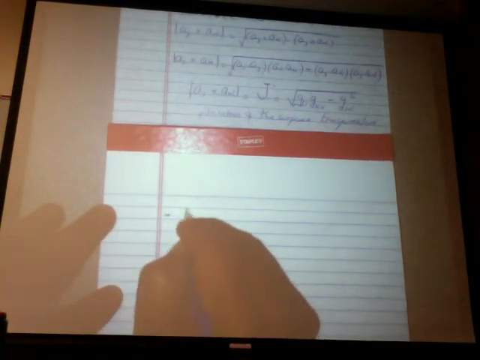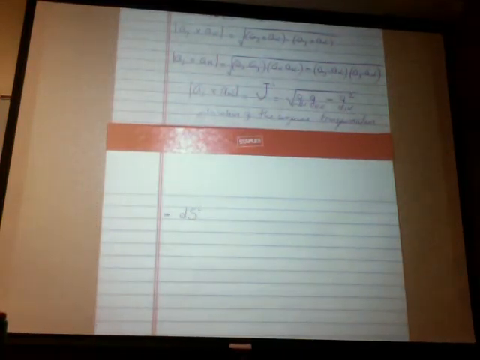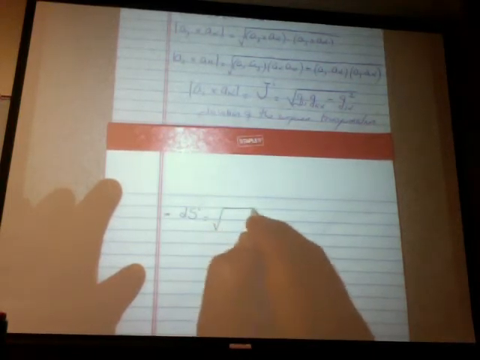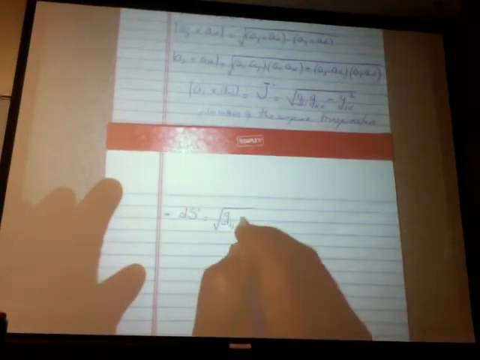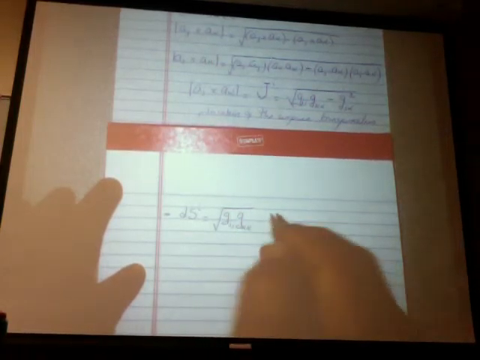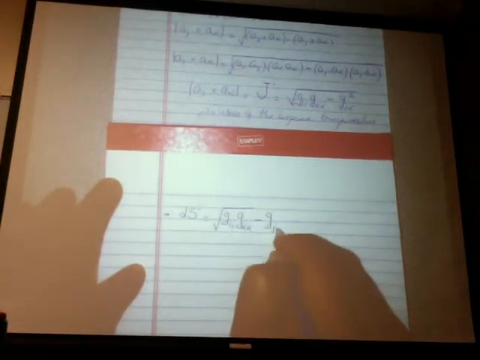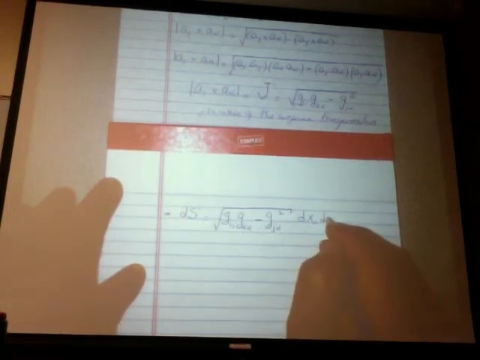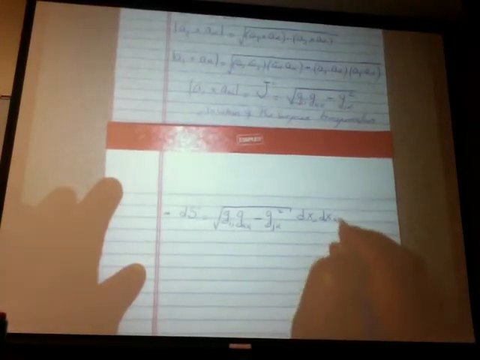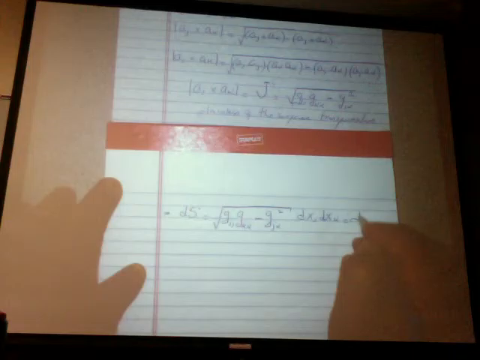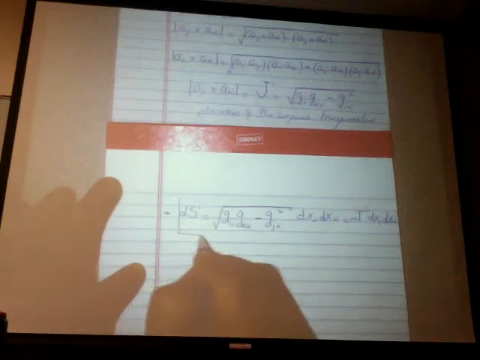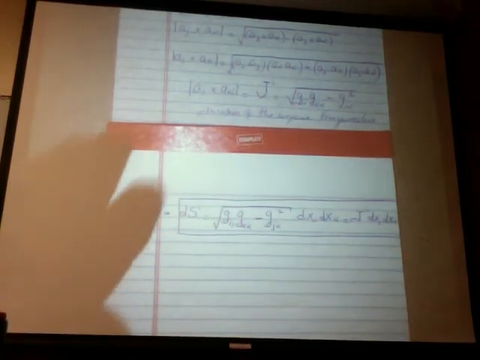So, therefore, a differential surface i parallel to axis i is equal to the square root of gjj gkk minus gjk squared, dxj dxk. Right?